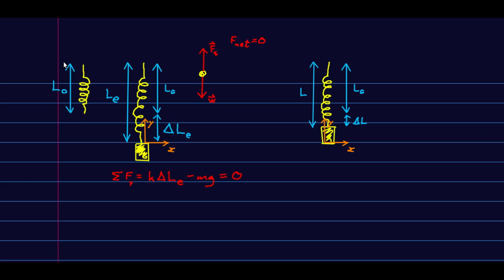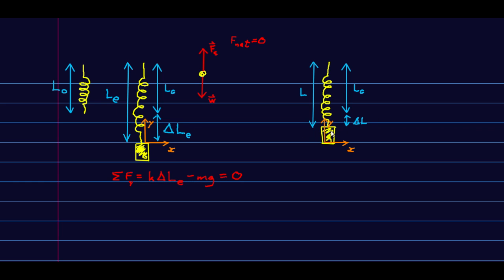So, to recap, here's our spring at its equilibrium length. Here's our mass hanging at its equilibrium position, so that the spring is stretched by delta L_E, and when the mass is at this particular place, there's the free body diagram, just the spring force and the weight, and F net is 0. Or in other words, the spring force up and the weight down add up to 0. And I've set my axes at that location.